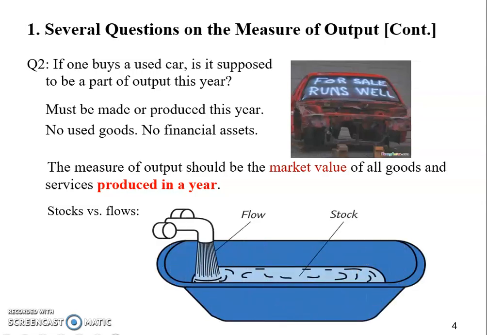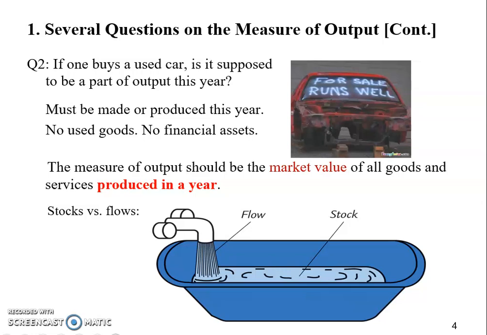Now we're going to use a very simple real-world example. What you see on the screen is a bathtub with a faucet, and you can see water coming out from the faucet and into the bathtub, right?